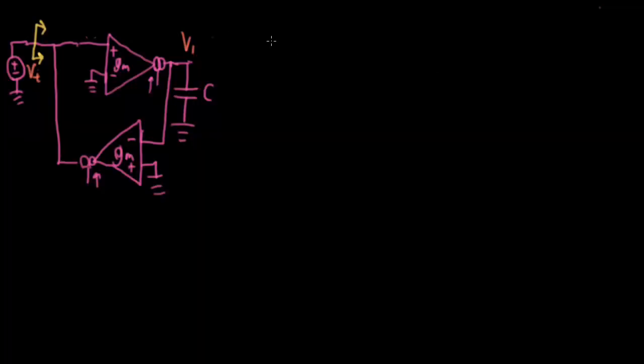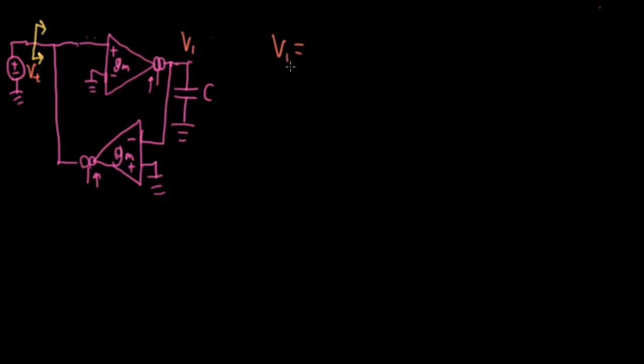So first, let's find V1. V1 is going to be equal to the current coming out of the OTA times the impedance of this capacitor, because none of the current is going into the input of the lower OTA, because we're assuming that the OTA is ideal. Okay, so what's the current coming out of the OTA?